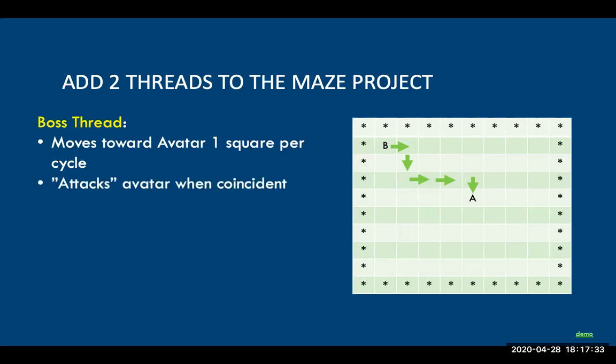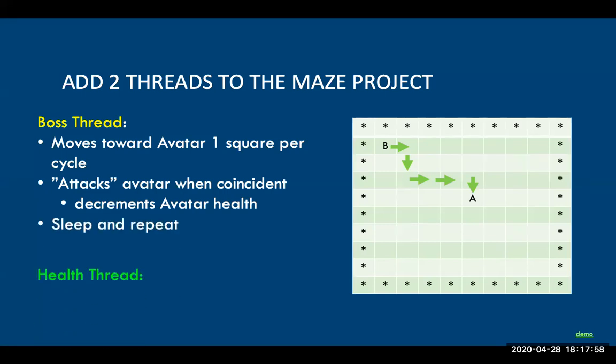And if it attacks you, in other words, when it's coincident with you, it's going to decrement your health. So the boss thread is going to try to grab a mutex, lock it, and decrement your health, because that's the common thing here that needs to be protected, your current avatar health, right? So if it gets the mutex, it's going to decrement the health, sleep, and then just repeat.